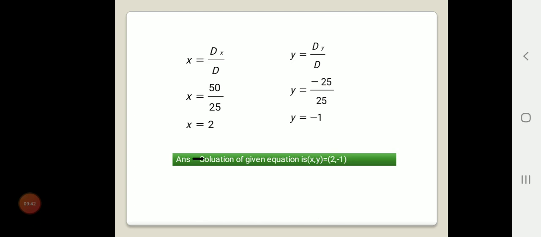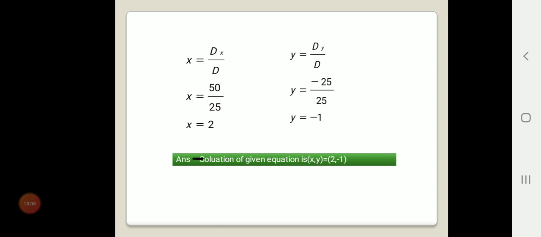Now we have found the values needed for x and y, which are the solution of our given equations. Therefore x is equal to Dx upon D and y is equal to Dy upon D. x is equal to Dx is 50 and D is 25. 50 upon 25 is 2. The value of x is equal to 2.